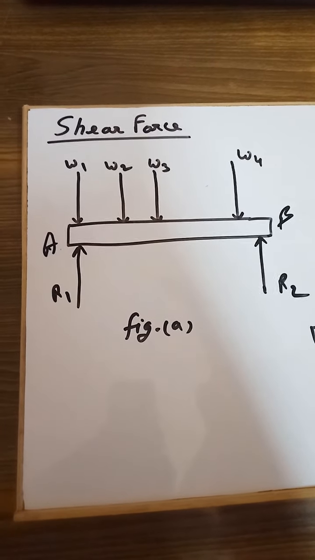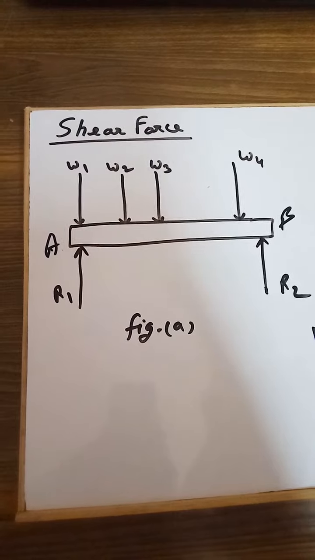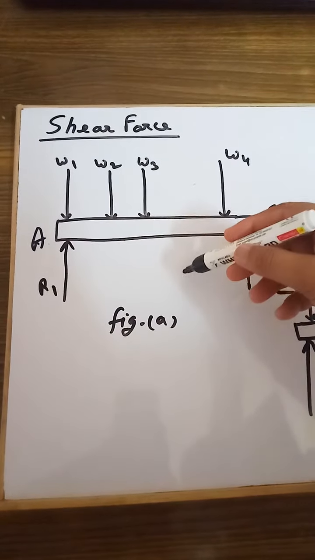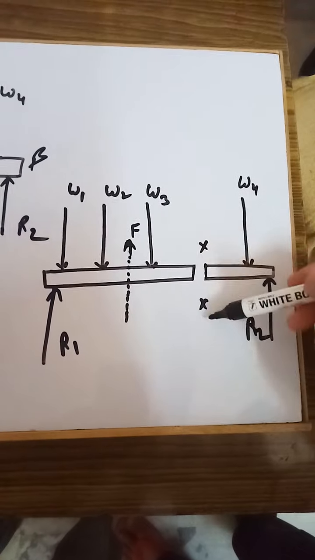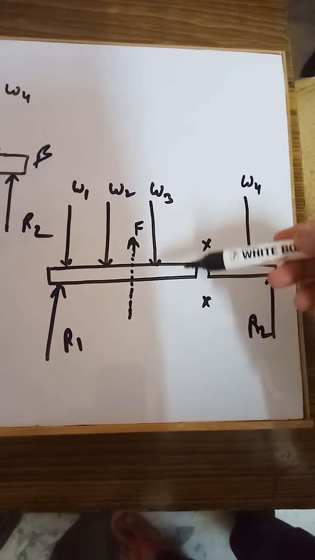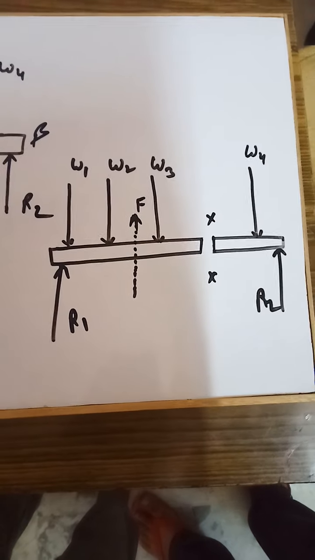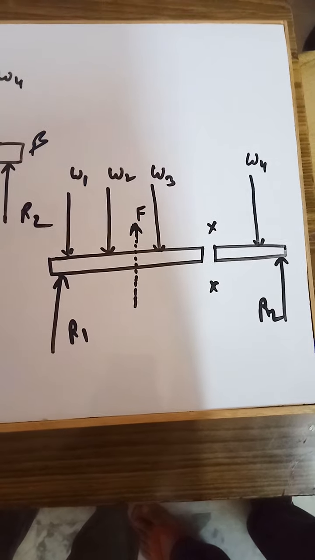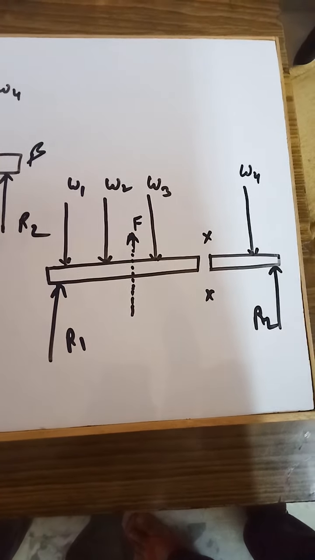Now imagine the beam is cut at a section XX, say from here. Now you will see in figure B this XX section, from where the beam is cut into two parts. The resultant of all the forces or loads to the left of the section is F. We are assuming that it is an upward force.